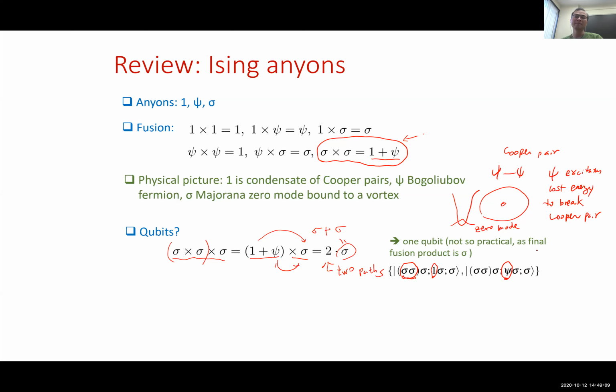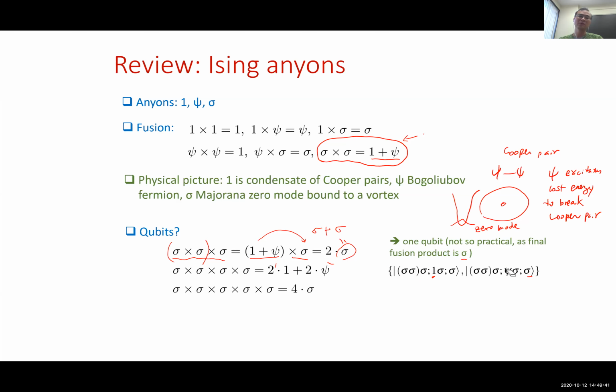You could use this one in principle, but this is not so desirable because the final product is sigma. It's probably not easy to create an isolated sigma in the beginning, so it may not be useful. So we probably would like to have something where the final fusion product is identity. That motivates us to look into more of the fusion.